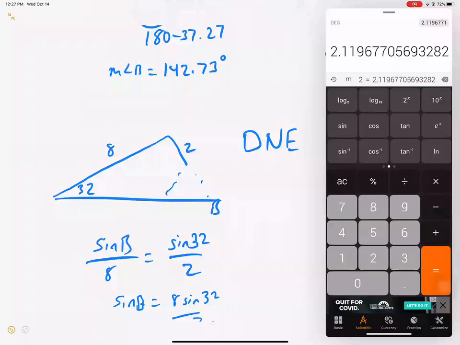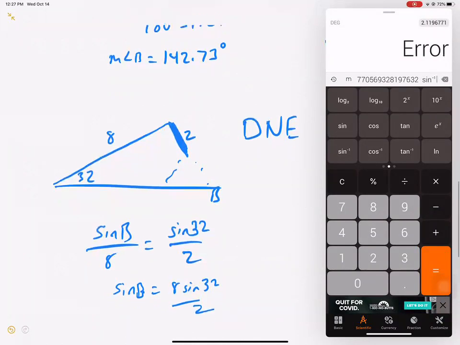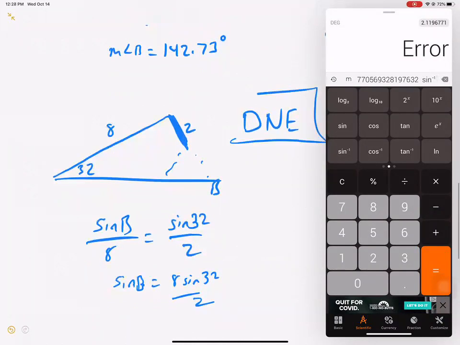If I inverse this number, it gives me an error. That means this triangle might not have been obvious, but was too short, and it is impossible for us to get that angle. It is impossible for us to come up with an angle that can force 32 to be 2 and this angle B to be 8. Doesn't exist. If you end up with an error, it's because the triangle does not exist.